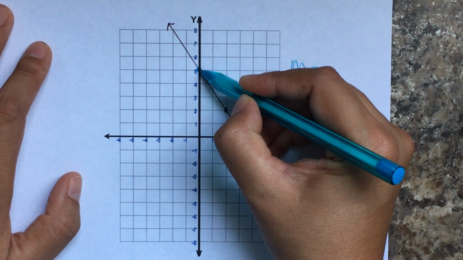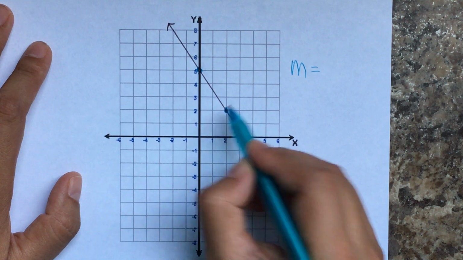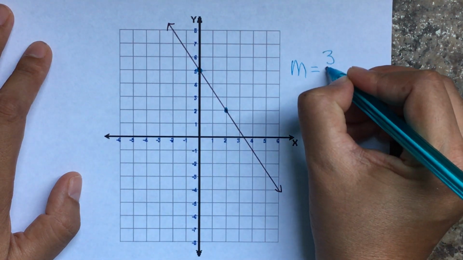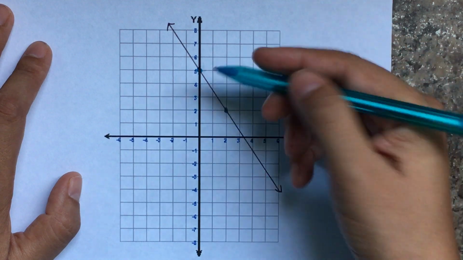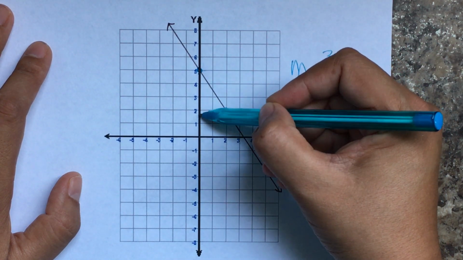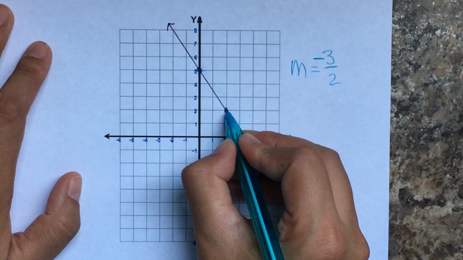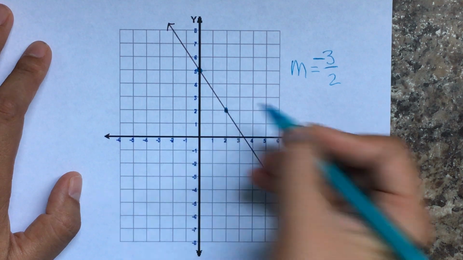So since we're here, we're gonna count 1, 2, 3, 1, 2. So 3 over 2. One thing though, what direction did you go in? Since you're going down, the 3 is going to be negative, and to the right is positive because you go to the right. Okay.